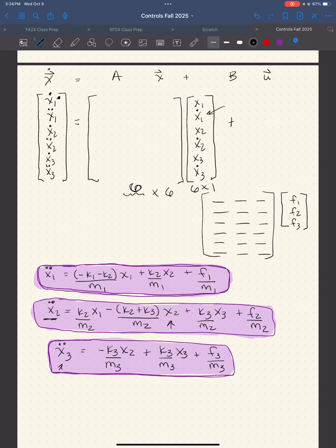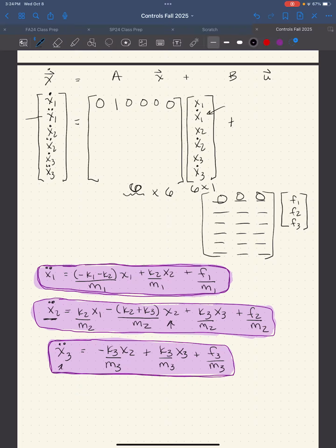So I need to multiply 0 times X1 plus 1 times X1 dot plus 0 X2, 0 X2 dot, 0 X3, 0 X3 dot. There are also no F1s, F2s, or F3s because no F's appear over here. It's just X1 dot, so I just need to pick it out of the state vector.